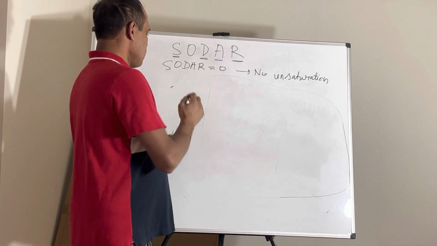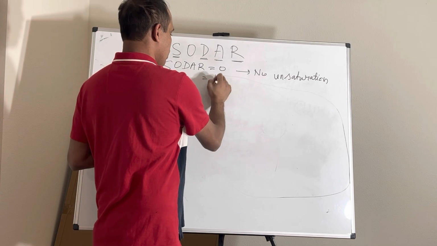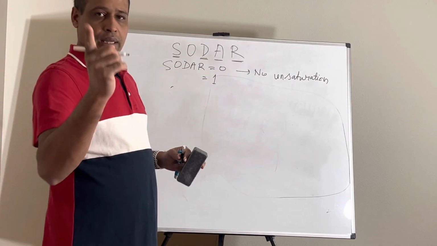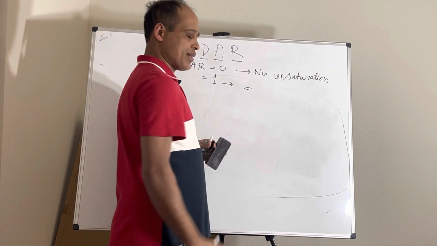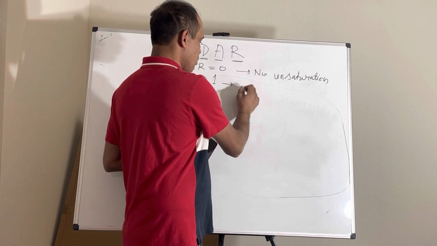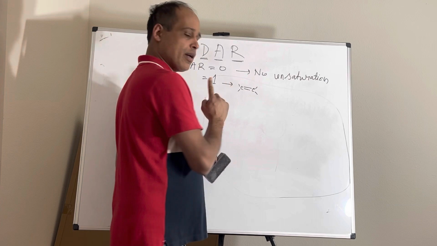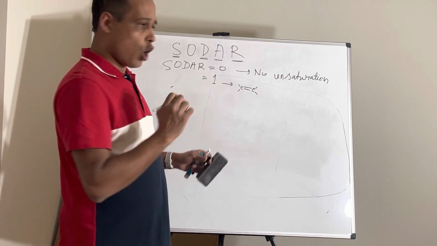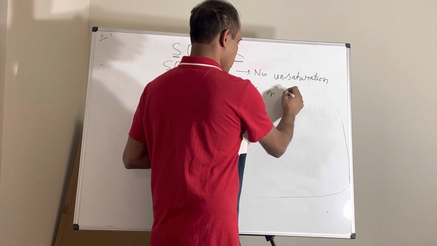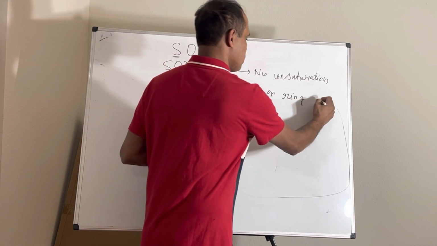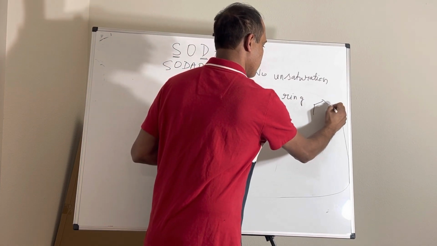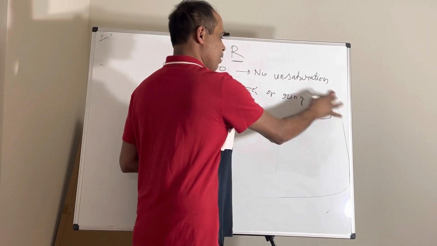Okay, but when the SODAR number is 1, then you can consider one double bond present there, like one carbon-carbon double bond must be there, either this or a ring. Like what? So suppose cyclohexane, this is a ring, right?